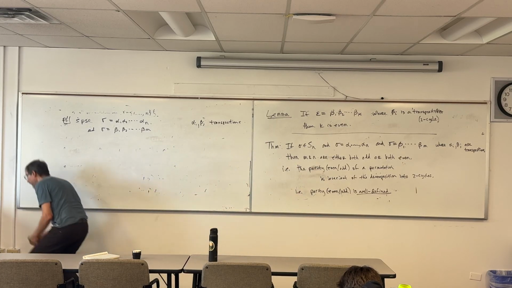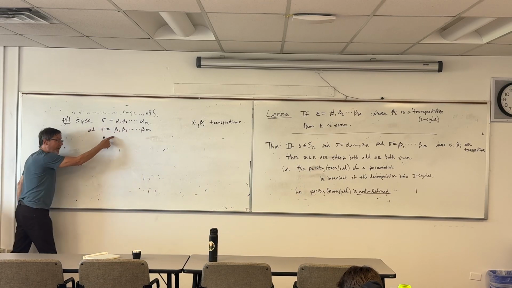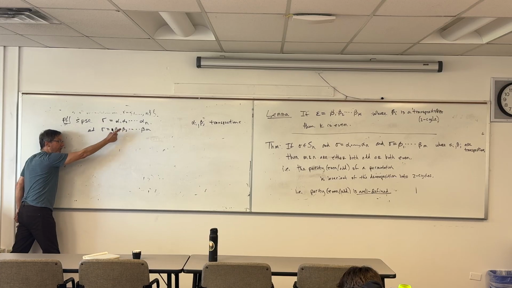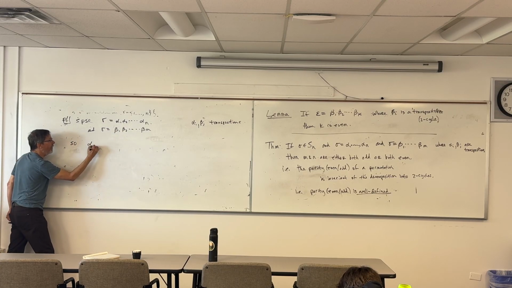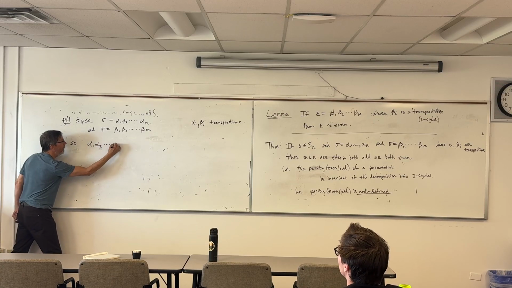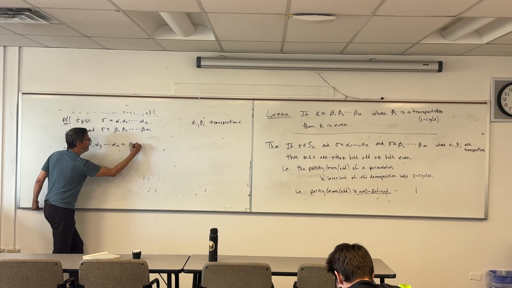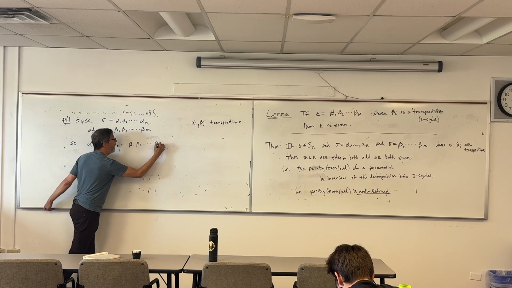That means that this must equal this. The product of the alphas must equal the product of the betas. So alpha 1, alpha 2 through alpha n equals beta 1, beta 2 through beta sub m.